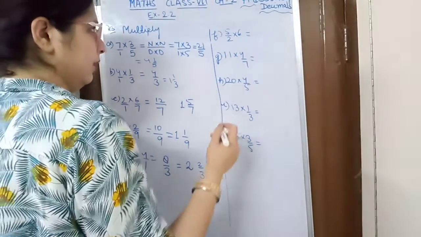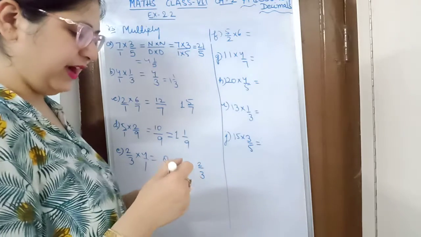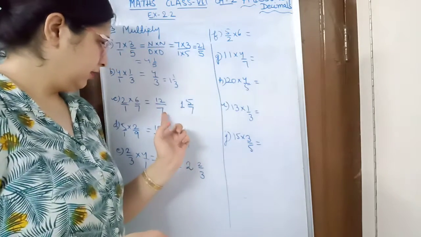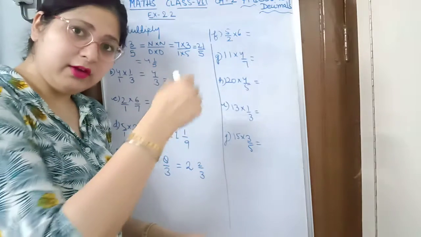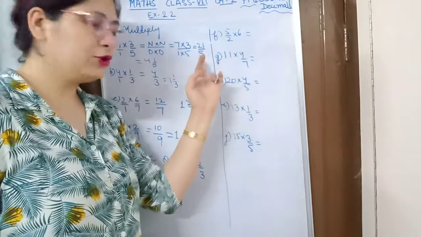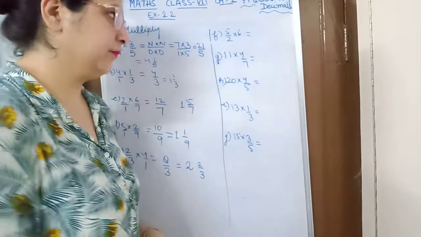If you are used to finding the mixed fraction, then you can do it in your mind, just like I am doing. I'm not solving by dividing, I'm doing it in my mind. If you become habitual of this, you will also solve in your mind.